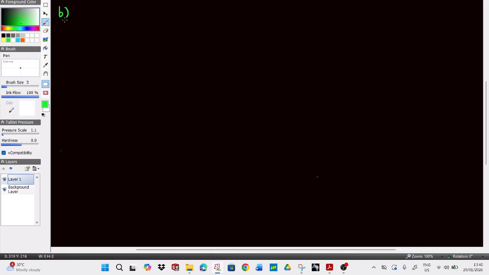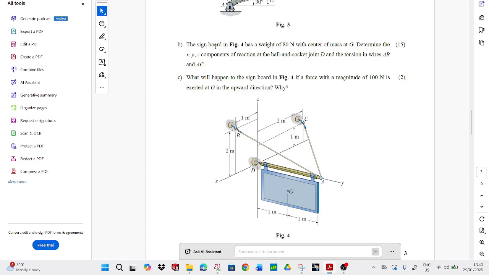Okay, so for part B, the signboard in figure 4 has a weight of 80 Newton, with center of mass at G. Determine the X, Y, Z components of reaction at the ball and socket at joint D. We have the two cables holding the signboard, with tensions in wires AB and AC.